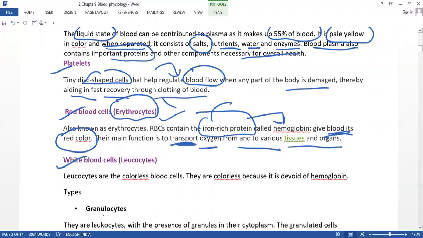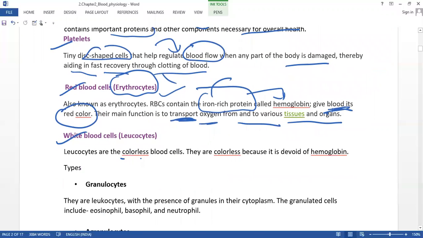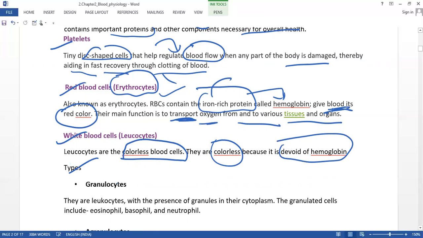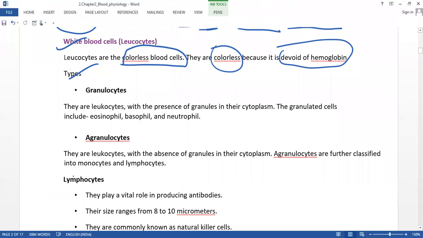The RBC, and then we have the WBC, leukocytes. These are colorless blood cells, white blood cells. They are colorless, we know, because they are devoid of hemoglobin. And we have types, that is granulocytes. Granulocytes are nothing but leukocytes. Leukocytes come under WBC, with the presence of granules in the cytoplasm.